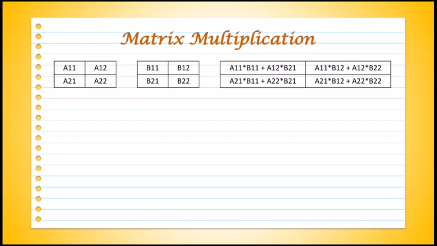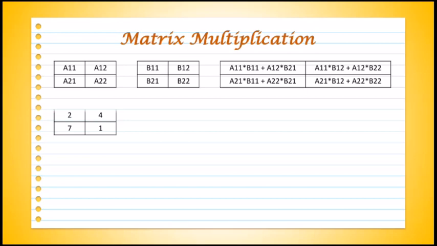For the next element, we multiply the first element of the first matrix into the second element of the second matrix plus the second element of the first matrix into the second element of the second matrix. These are the formulas that we have to follow.